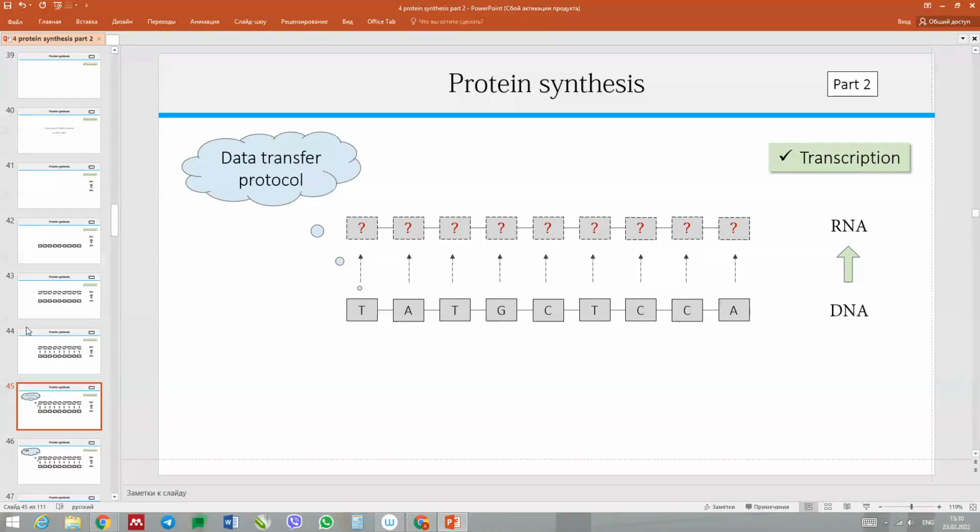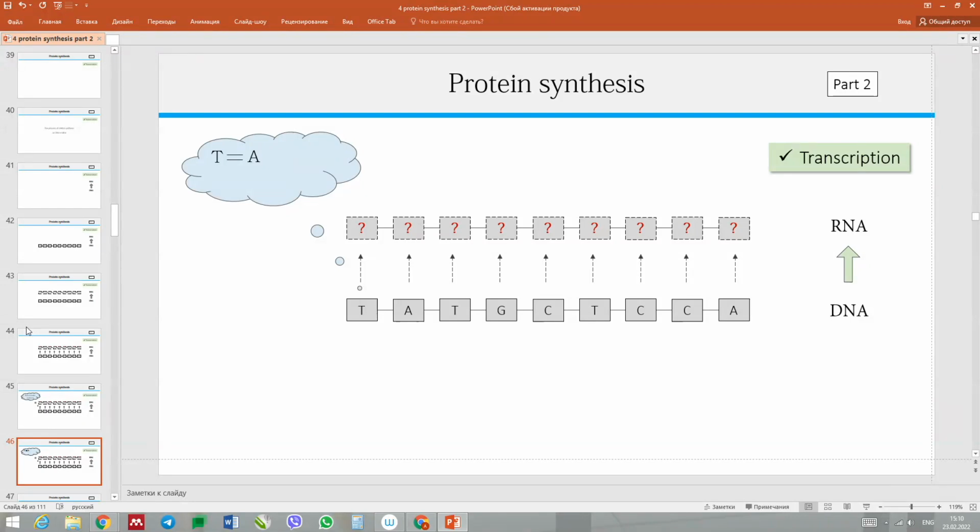And now we have to come back to a topic that we discussed during the lecture about DNA. During that lecture, I told you that in the structure of DNA, the thymine nucleotide corresponds to the adenine nucleotide.